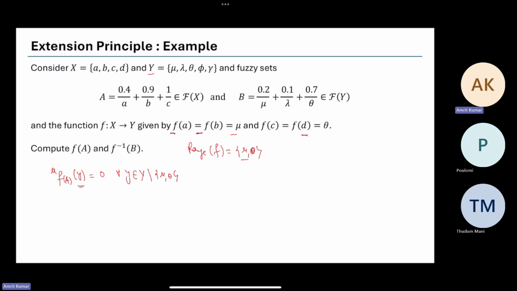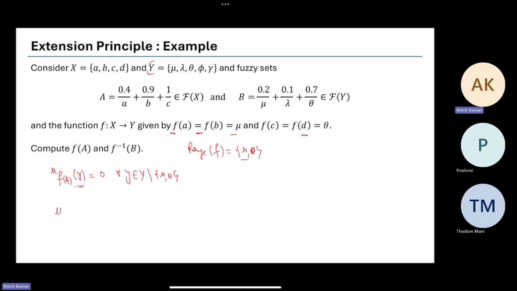So you don't need to write all that supremum formula and then compute it. You can simply write that mu f of A of y is zero if y happens to be a member of set capital Y that does not belong to the range of f.